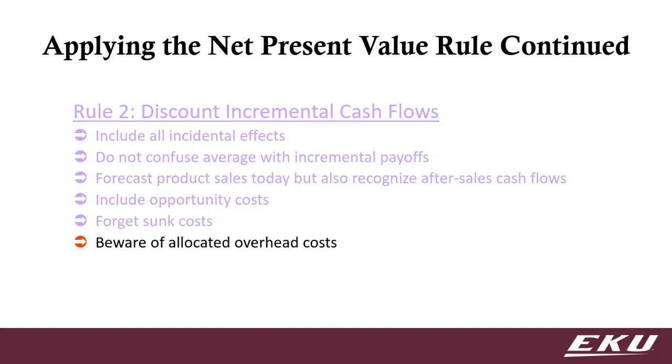Okay. And then it says beware of allocated overhead costs. Just understand that sometimes overhead gets split out over several projects, and we have to understand how that's being split and make sure it is representing what we're actually doing, right?